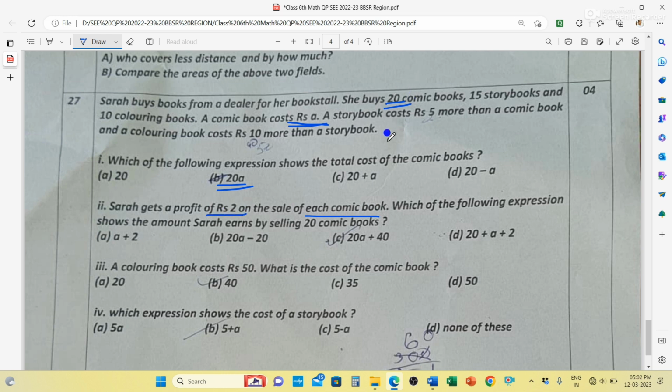There were 20 comic books, so the total profit will be 20 into 2, that is 40. The purchasing price of 20 comic books was 20A. So the selling price will be the purchasing price, 20A, plus the profit, 40. So 20A plus 40.